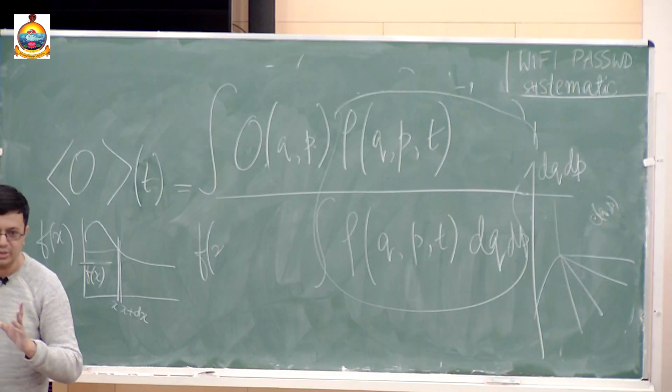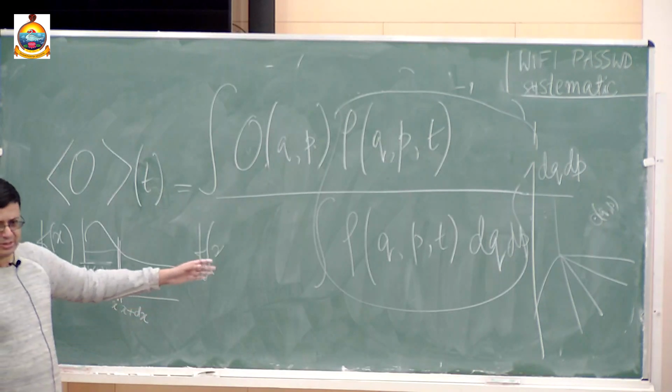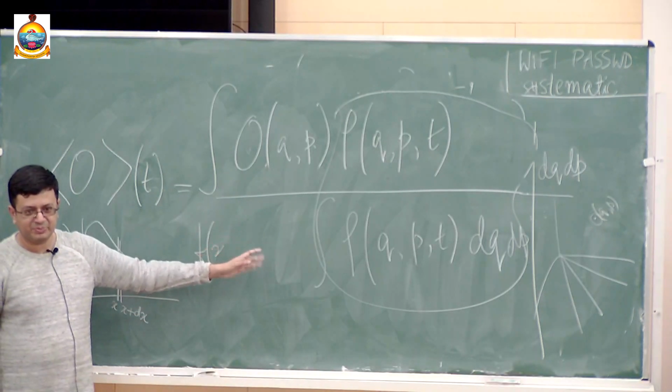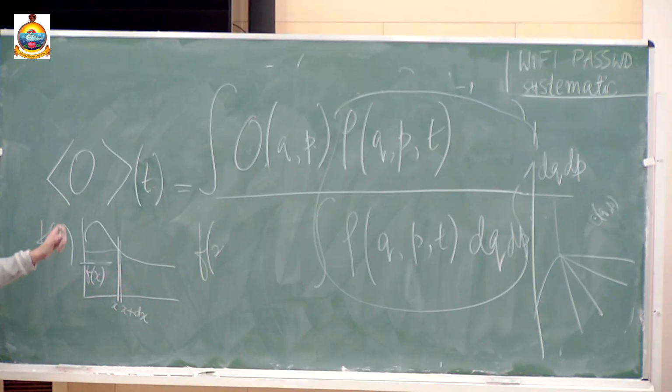So at a given instant, I look at my list of microstates, I compute the value of O for every microstate, and I just take the average. How many are there of this type, that type, and that? It's just a simple average, right?